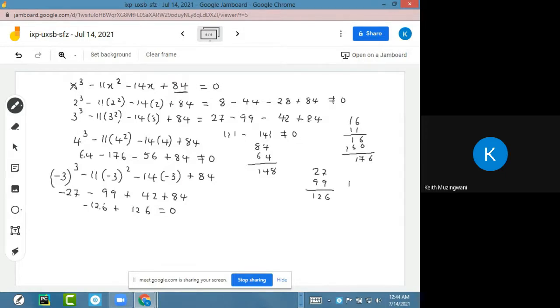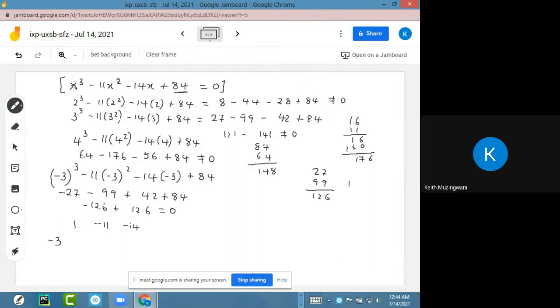So when we find -3 giving us 0, then we bring in synthetic division. You go to the polynomial and get the coefficients, starting with the highest degree. The coefficient of x power 3 is 1. The coefficient of x squared is -11. The coefficient of x is -14.